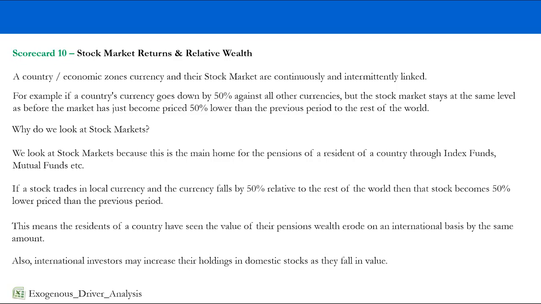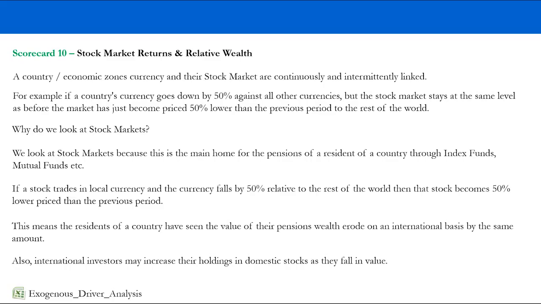So if we take this example of the country's currency going down by 50%, if a stock trades in a local currency and the currency falls by 50% relative to the rest of the world, then that stock becomes 50% lower priced than the previous period. And this means the residents of a country in this circumstance have seen the value of their pensions wealth erode on an international basis by the same amount.